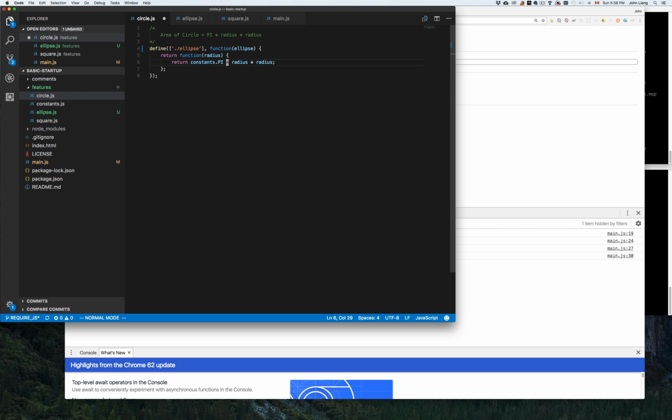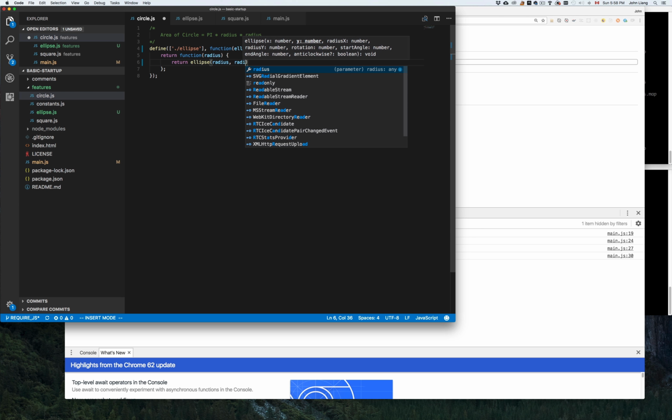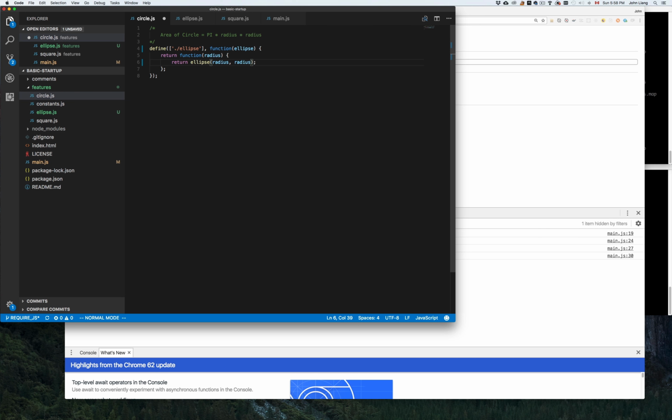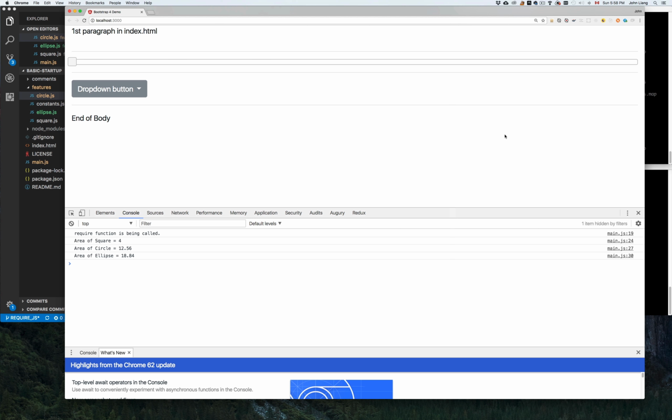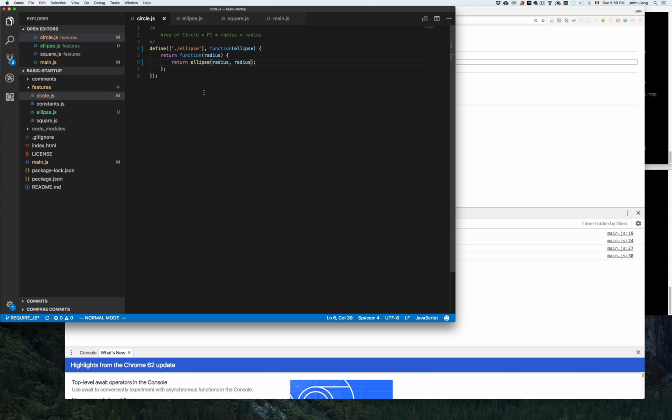What we are doing right here is we take out the original formula, but we calculate using ellipse, radius, and radius. Let's save that. Okay, let's take a look at the calculations. It works because it has the same value. Alright. However, we are actually using the ellipse formula to calculate the area of the circle. So we have done one refactoring.